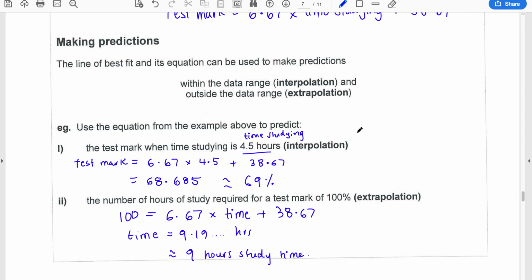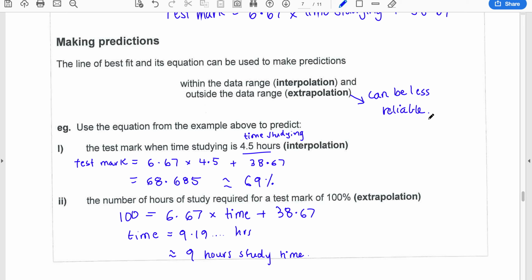The reason we want to discuss this is because extrapolation can be less reliable. So sometimes we look at our predictions and we ask ourselves, which of these is a reliable prediction? We tend to have more reliability or accuracy in our predictions if we're using the actual data in front of us.